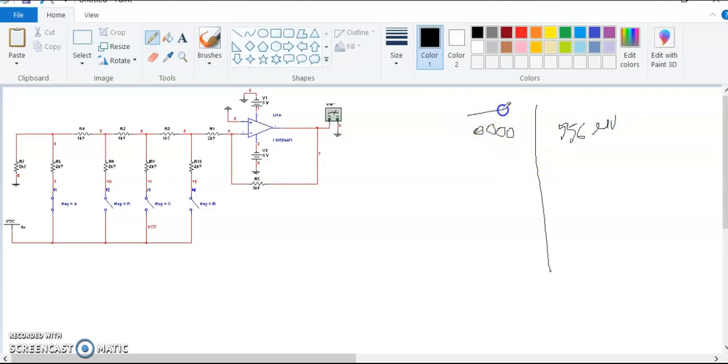This is the analog output voltage and this one is the digital input. Next case, 0001. This is the LSB bit, right? LSB bit A is 1 and the remaining are all zeros.